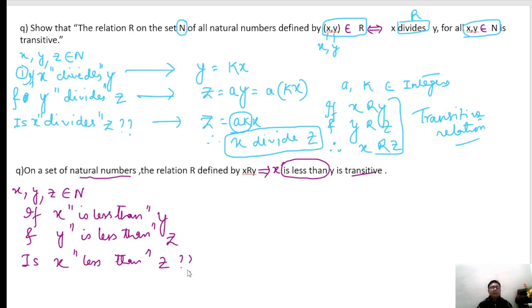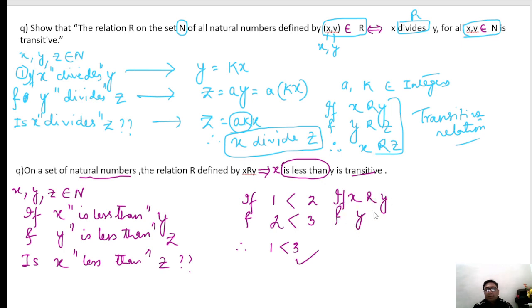Is this condition valid? 100%, see, it is valid. If I say 1 is less than 2 and 2 is less than 3, therefore I can say 1 is less than 3, correct? Yes, this condition is valid. That means the transitive condition, if x is related to y and y is related to z, therefore x is related to z, this is valid. So it is a transitive relation, right? Clear?